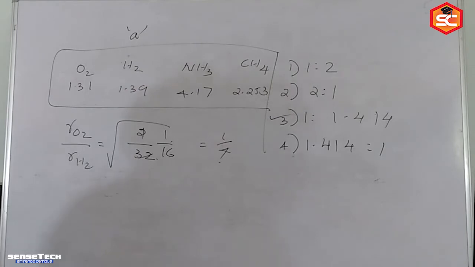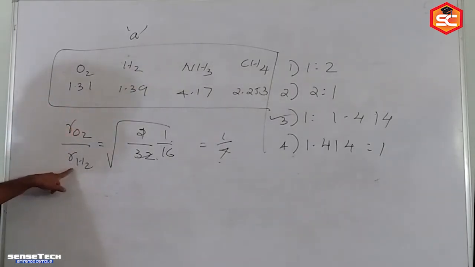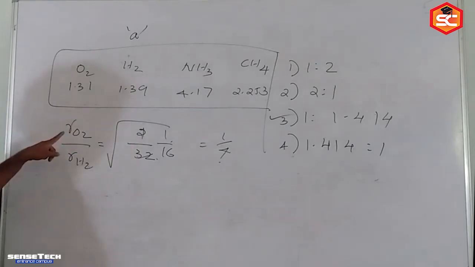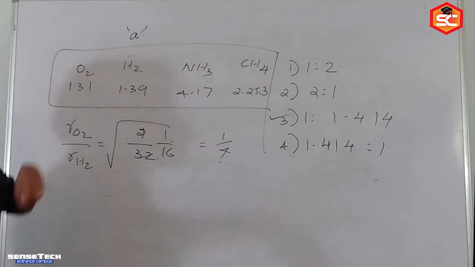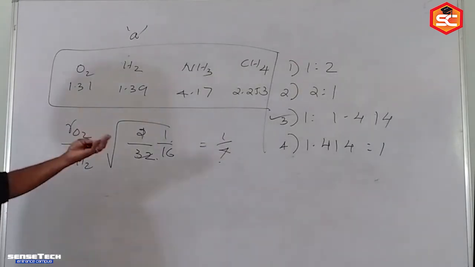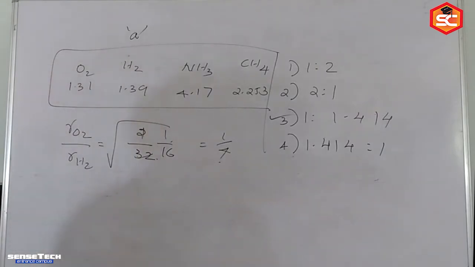Also, hydrogen's molecular mass is 2 and oxygen's is 32, which is 16 times, and the root gives 4. Without any calculation, we can directly find that it is 1 by 8.